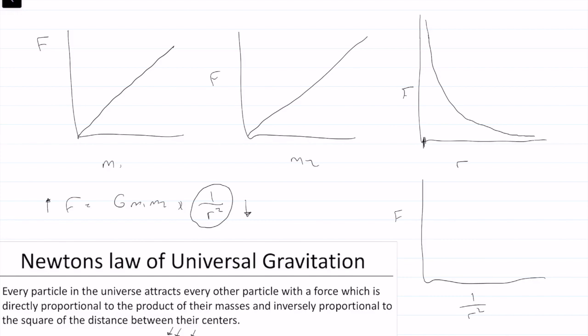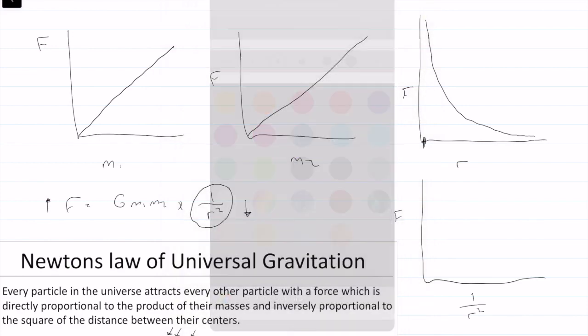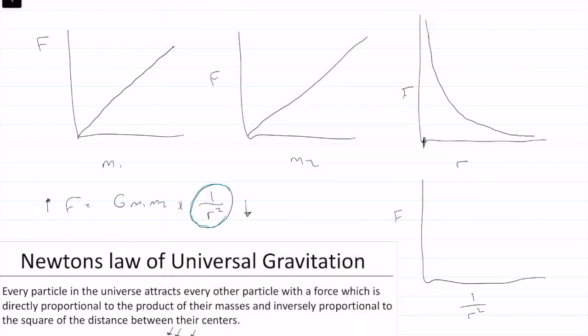As this entire term, 1 over r squared, goes down, that causes my force to increase. And that results in a straight line once more, where the gradient is equal to G m1 m2.